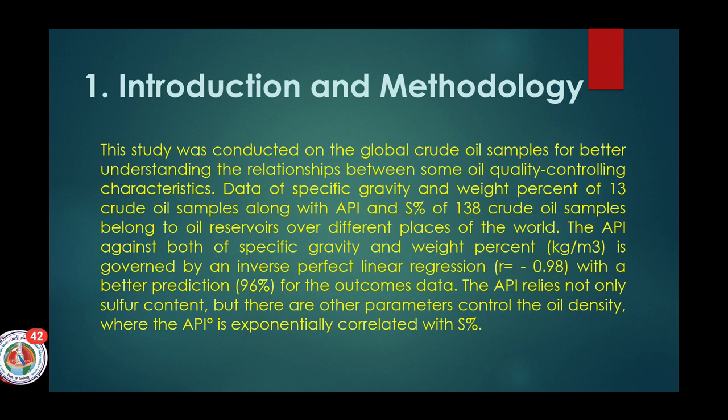This work is mainly targeted to clarify the relationships between API, SG, I mean specific gravity, and sulfur content, and how sulfur content affects the crude oil quality.